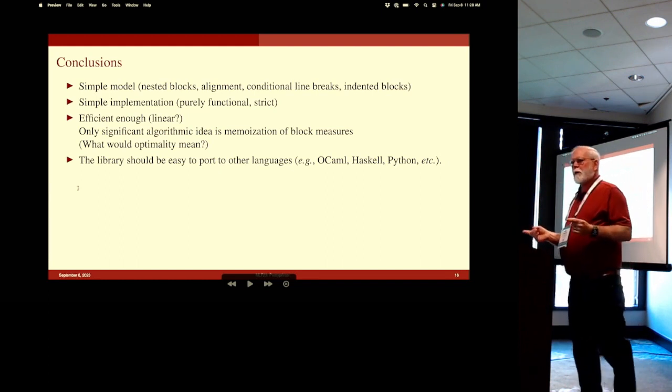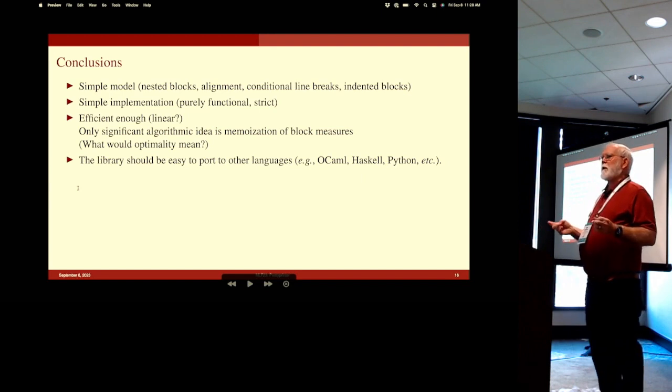The other thing about efficiency and optimality is this is producing human readable content, something you're going to display in a terminal or a page, and you're not going to generate 1,000-page long pretty prints.